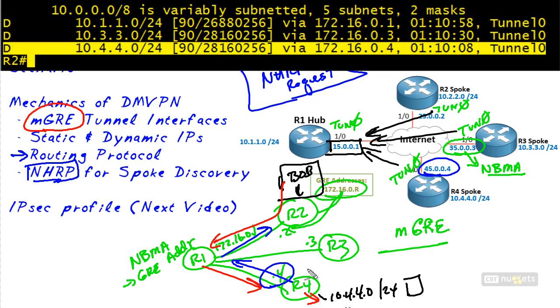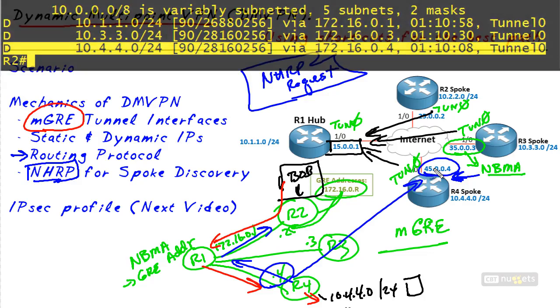If I knew the corresponding NBMA address, aka the address that's connecting that router 4 to the internet, if I knew what that real address was, I could go ahead and send the packet directly to R4. I wouldn't have to send it through the GRE tunnel through R1. I could build dynamically a GRE tunnel down to R4 and send it directly to him.